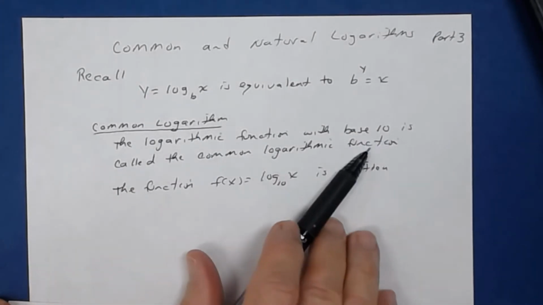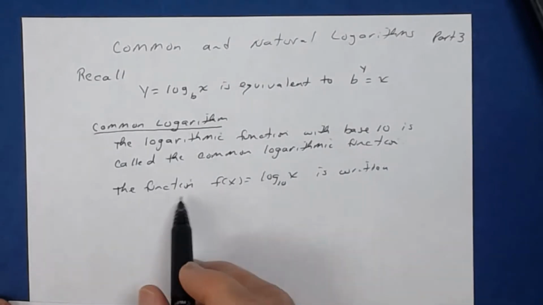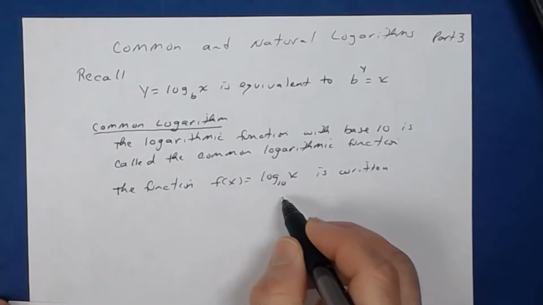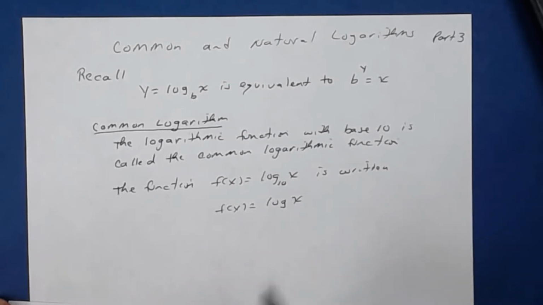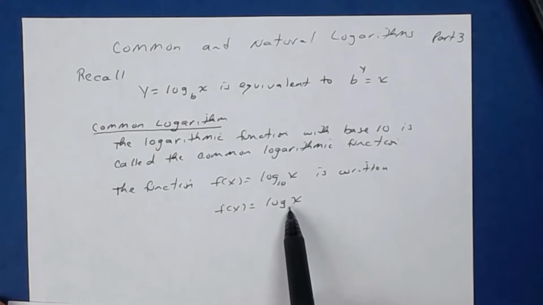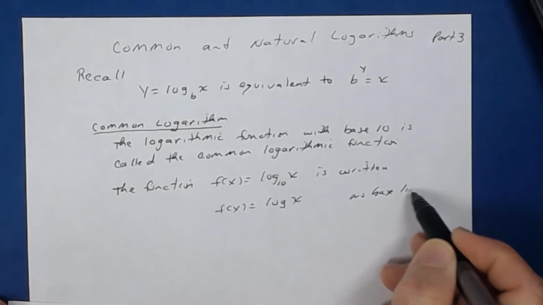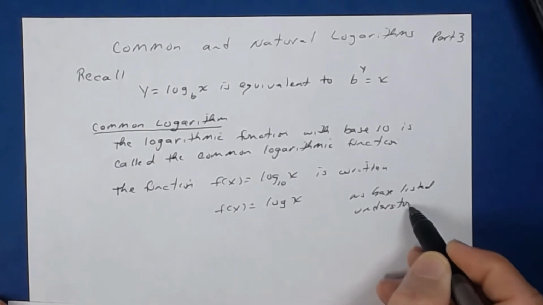Remember that word: common logarithm, base 10. The function f of x equals log of x base 10 is written as f of x equals log of x. Now, here's the thing. If you don't see a base listed, it's understood to be 10.